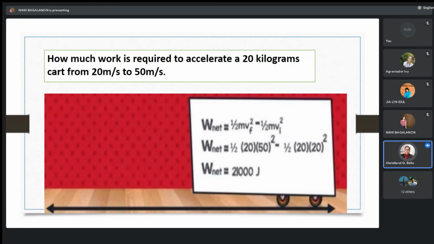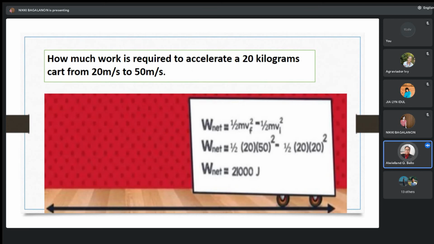Here it is obvious that your change in kinetic energy must be positive. Even without computing, you can separately compute the kinetic energy for 20 meters per second and for 50 meters per second, and it is clear that your kinetic energy is increasing.